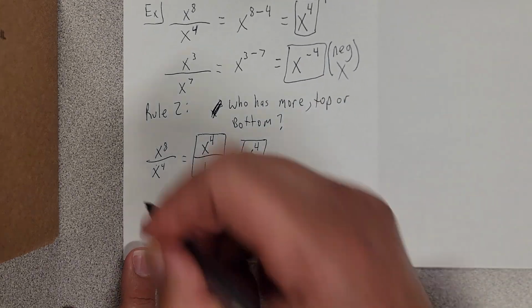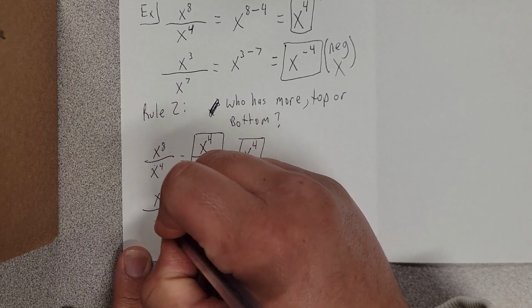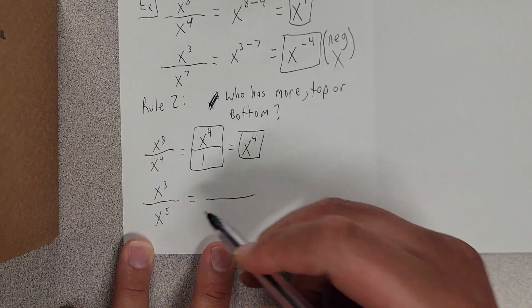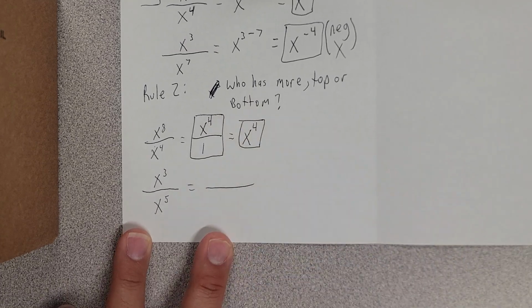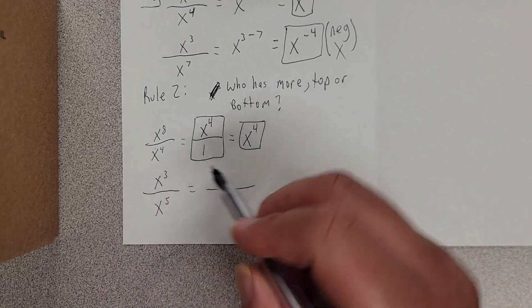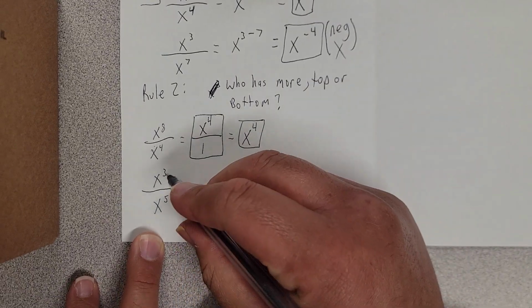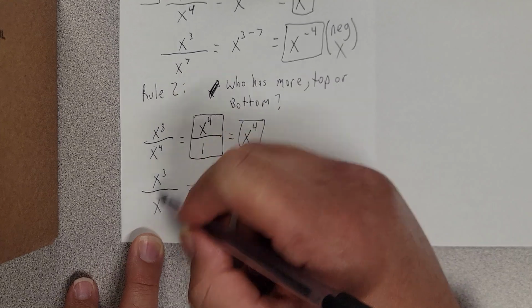Okay? Now if I do x to the 3rd power and then I have x to the 5th power, alright, who has more x's, the top or the bottom? The bottom has a 5, the top has 3, so the bottom has more x's. So we put an x right here on the bottom, and 5 minus 3. This time we kind of switch the rule.